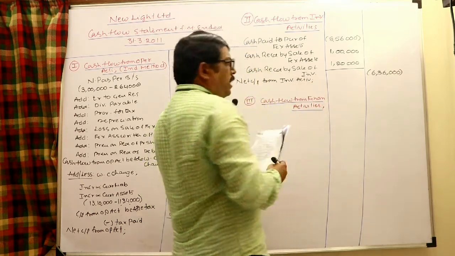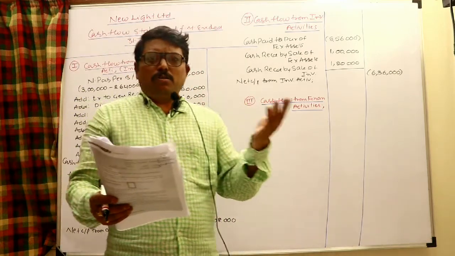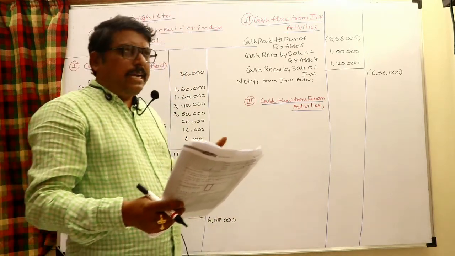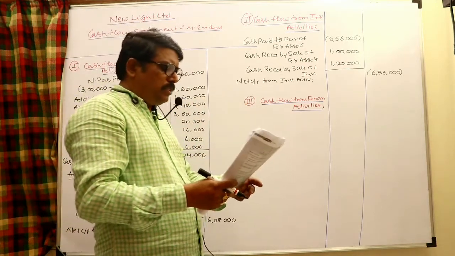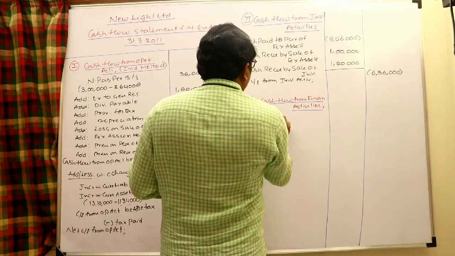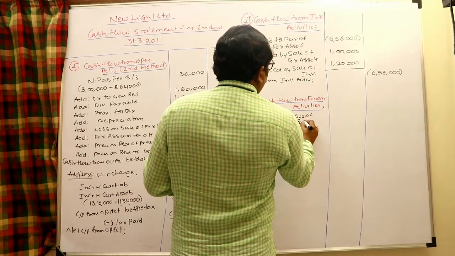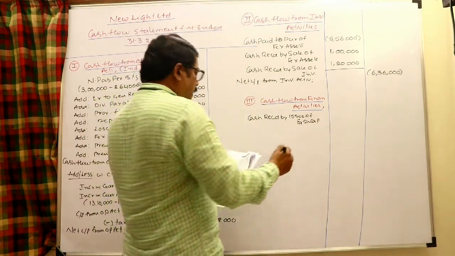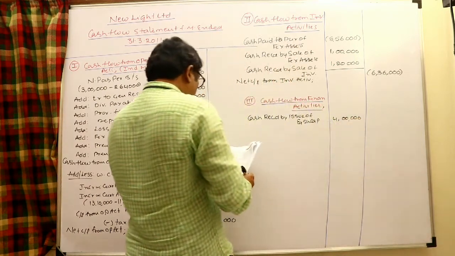Come back to the cash flow from financing activities. Equity share capital, when you compare the opening and closing, redemption of preference share capital, redemption of debentures, and dividend: last year's dividend declaration is assumed as paid during this year. So cash received by issue of equity share capital, you compare old and new, there is an increase of 4 lakhs.